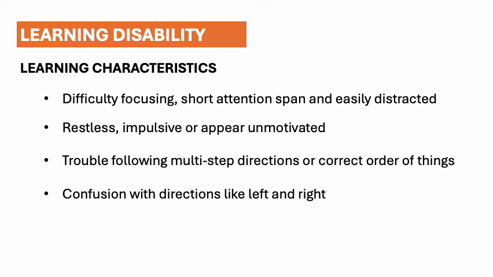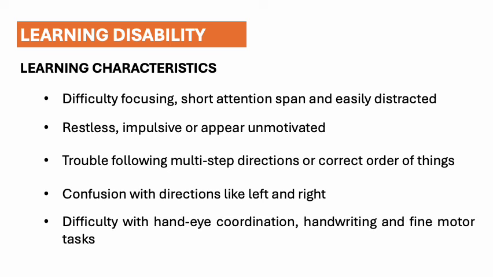Challenges can also appear in hand eye coordination, handwriting, and fine motor skills, affecting both schoolwork and everyday activities. So, recognizing these patterns helps teachers adapt strategies and give the right support for each learner.